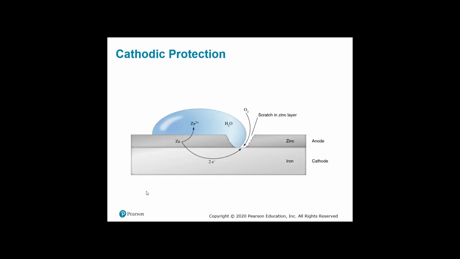So again, how can we protect the metal from being corroded away? In this case, we can put something like zinc as the more easily oxidized metal. So this becomes the anode, this is the cathode. This will come into combination with the environment or the air and be oxidized down, so it'll lose its electrons.